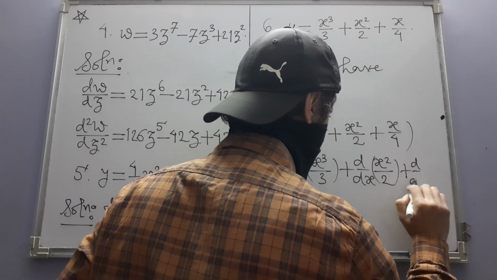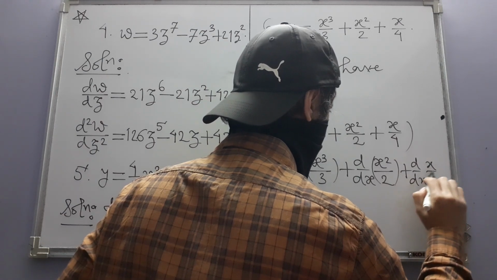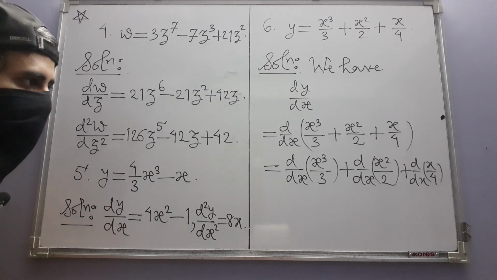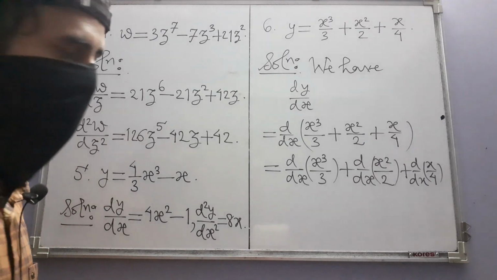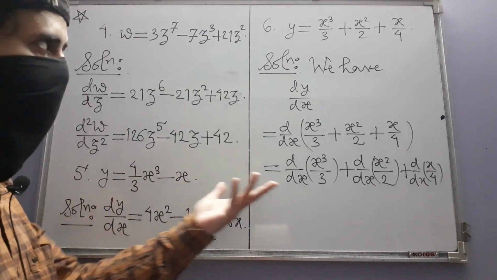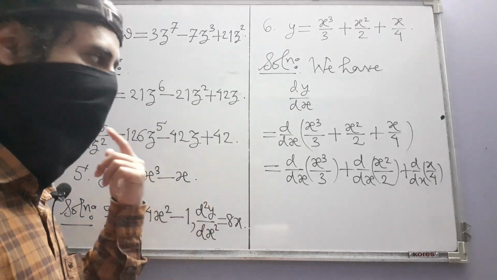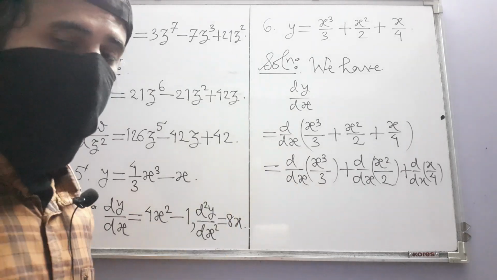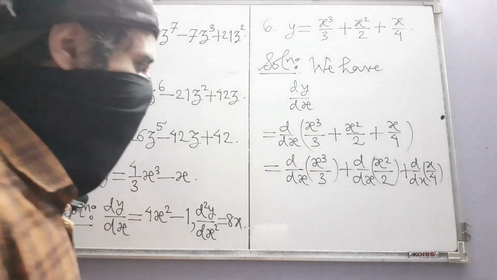Plus d/dx of x over 4. And then naturally, because the way these things are going, we have so far seen only polynomial functions. First we use the sum rule or difference rule, and then we take the coefficients out by the constant multiple rule.